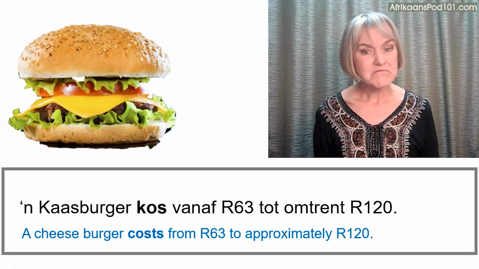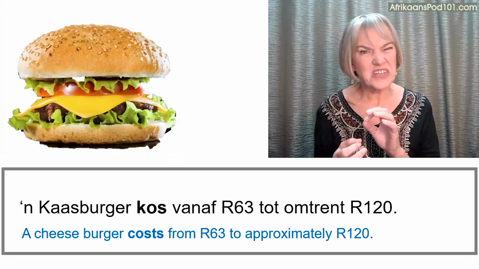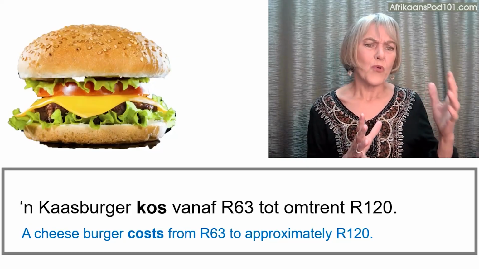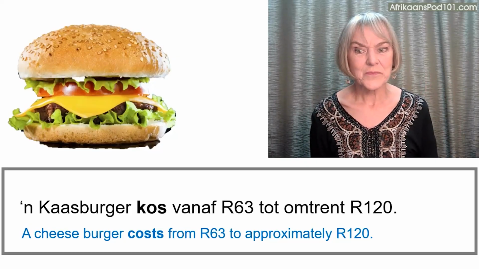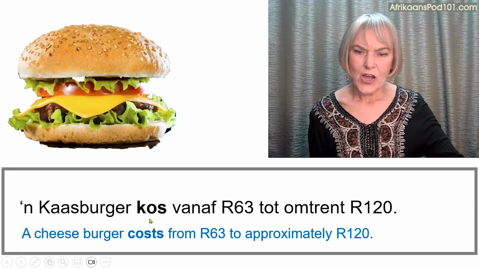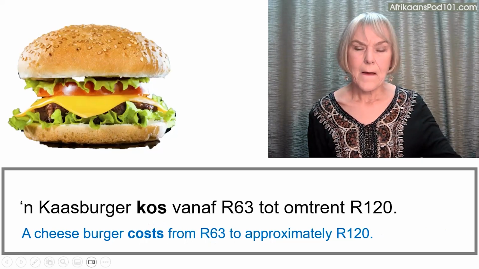'n Kaasburger kos vanaf R63 vir 'n kaasburger wat nie baie lekker is nie, tot R120, miskien meer, vir 'n goeie kaasburger. So, you see this word kos. Kos means costs in this sense.